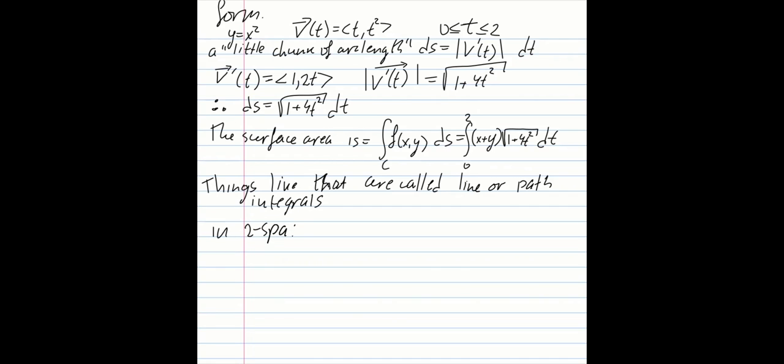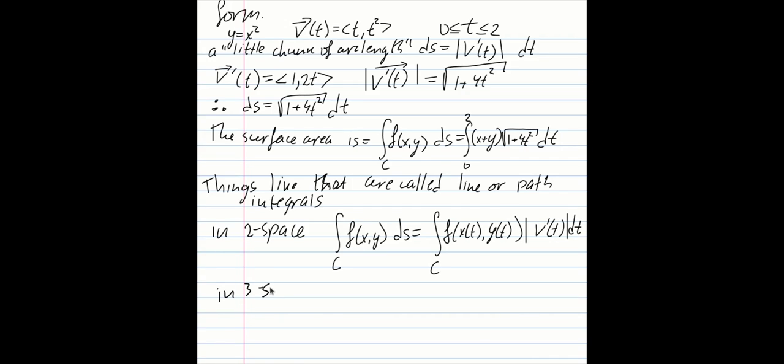two space we have an integral over C of f of xy ds, which is equal to the integral over C of f of x of t, y of t, times the magnitude of v prime of t dt.